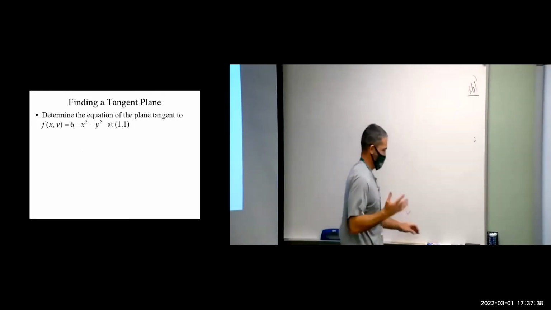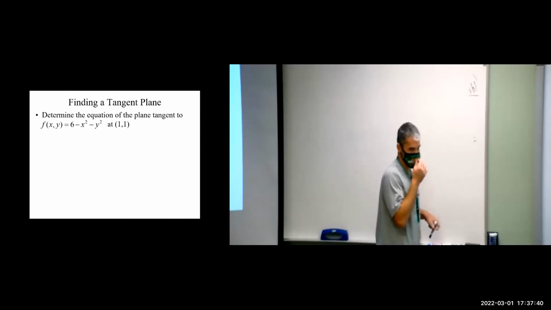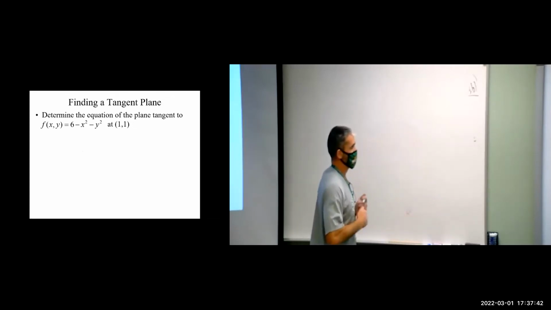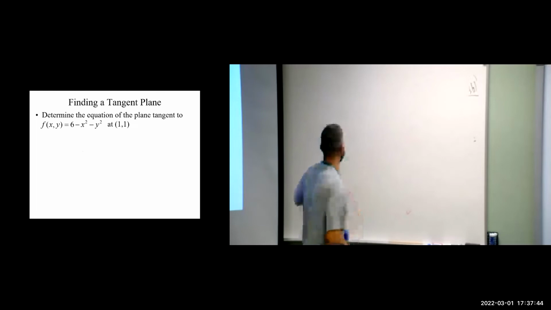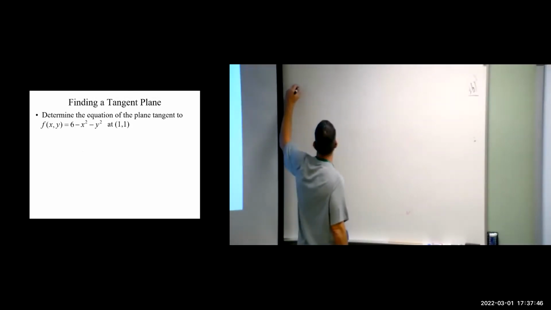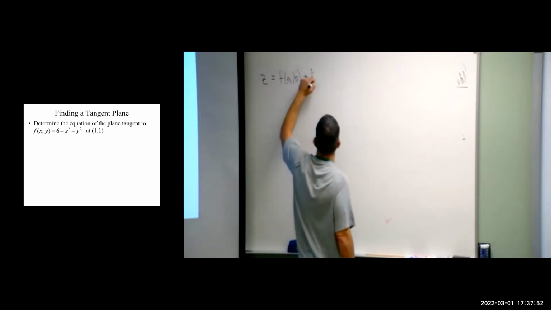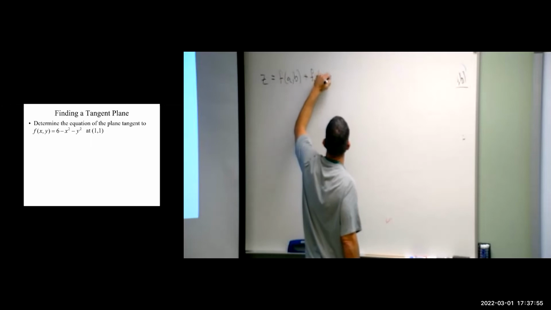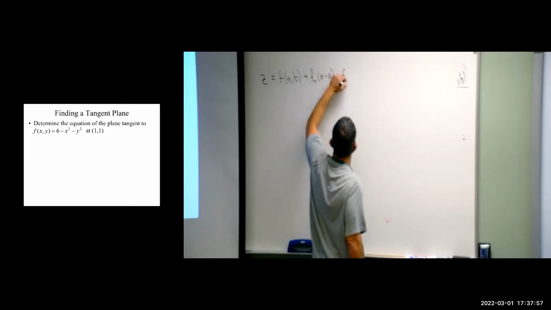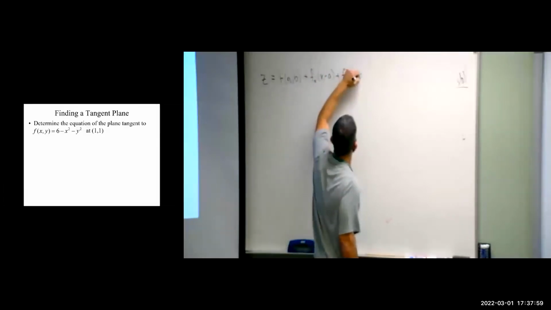All right, I said before, if you can find partials, you can find a tangent plane. If we remember the formula for a tangent plane, it's f of a, b plus f sub x at a, b times x minus a plus f sub y times y minus b.